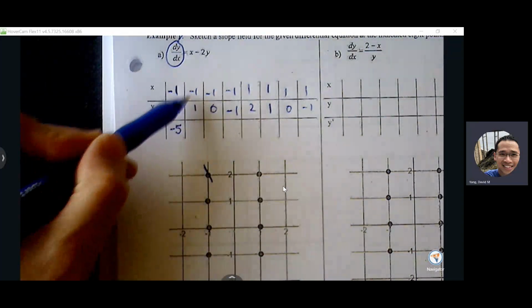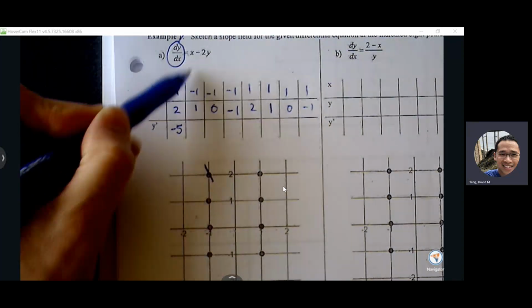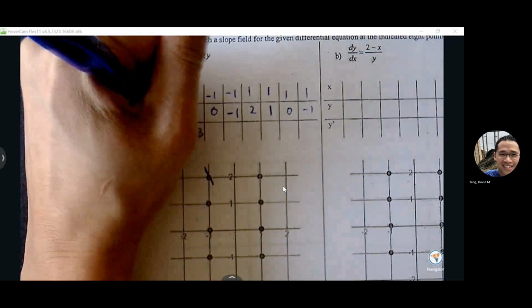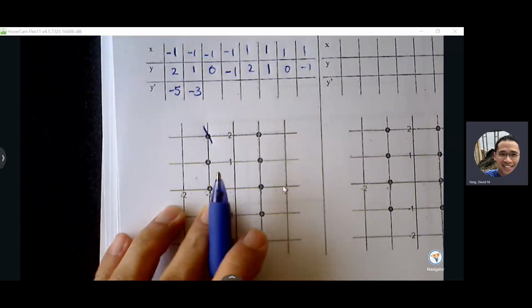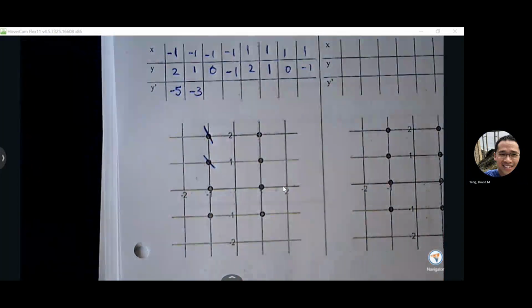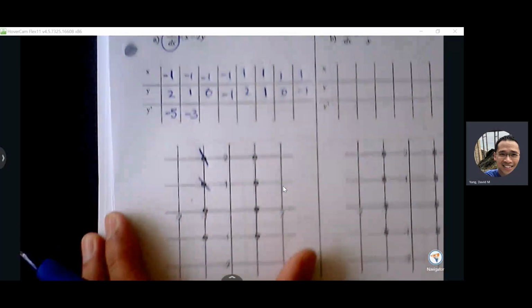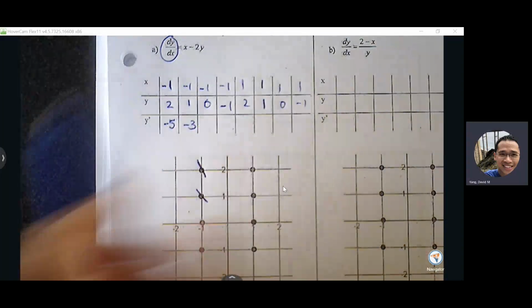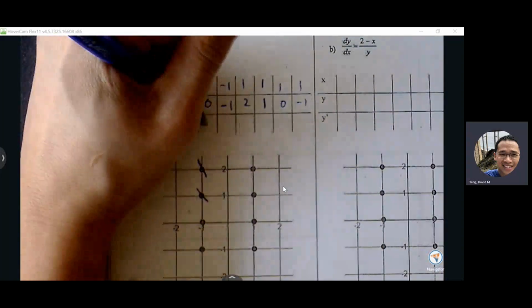Okay. (-1, 1), we insert that into our expression. So -1 minus 2 is -3. So -3 is not as steep as -5, but it's still a negative slope. And we go down the line. Okay. (-1, 0), -1 in for x, 0 in for y. -1 minus 0 is -1.